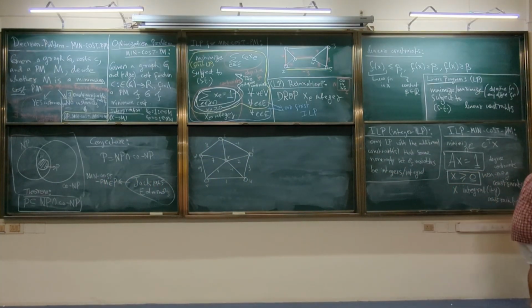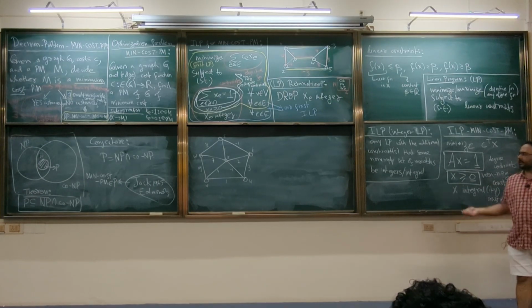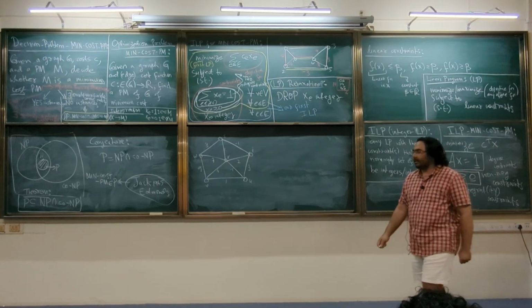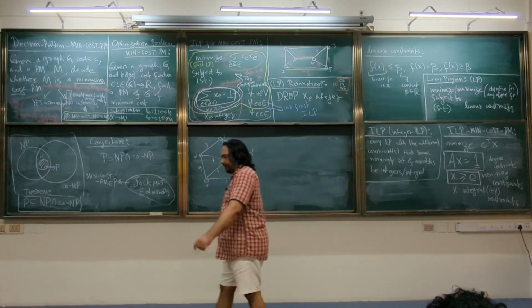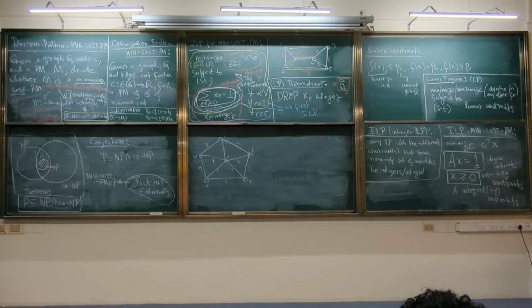And I'll also give you a perfect matching. Maybe somebody can try to guess. Can you try to guess what the minimum cost perfect matching is? There are not too many perfect matchings. If you pay attention, you will be able to quickly see the number of perfect matchings in this graph.